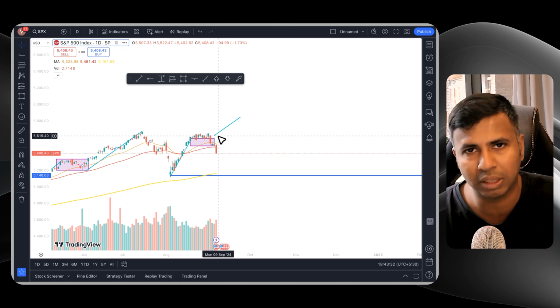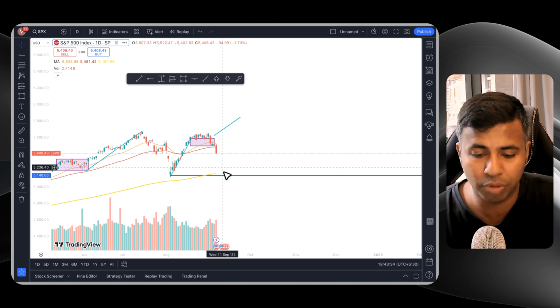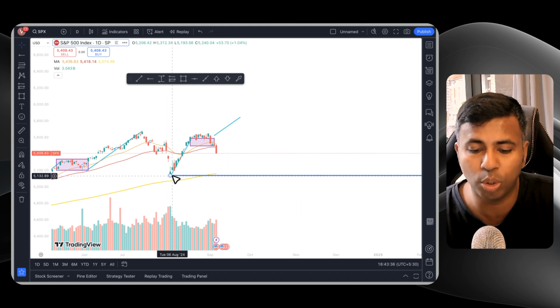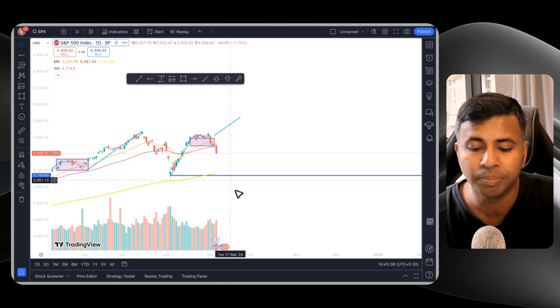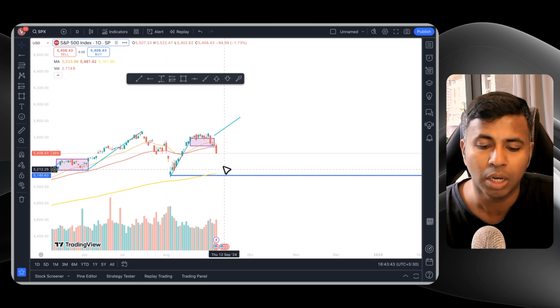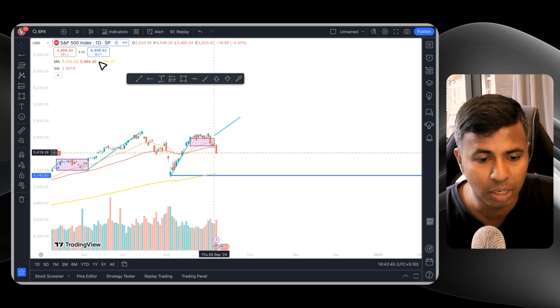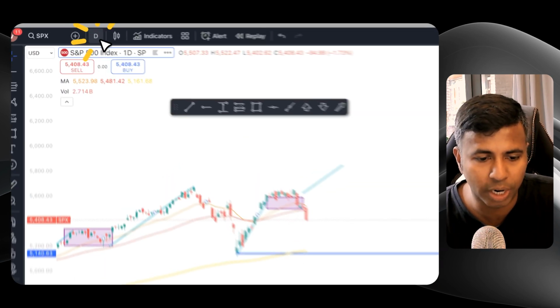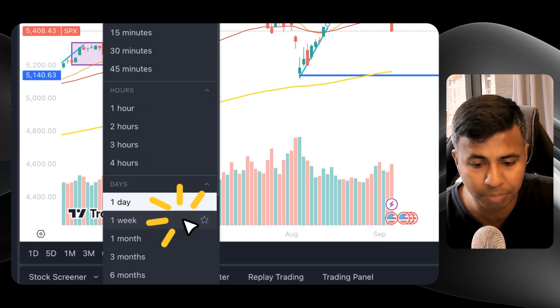The overall trend on a monthly time frame is still up, but if we retest the August lows, and if we break down and make newer lows, then we might turn into a downtrend on a monthly time frame as well. Now let's look at the S&P 500 on a weekly time frame.